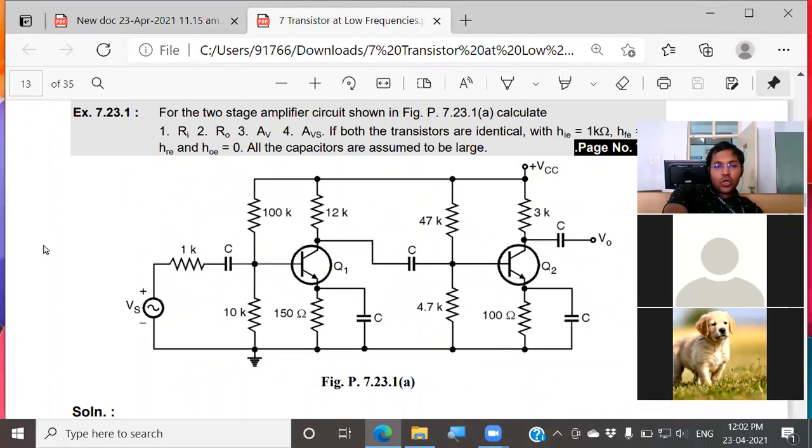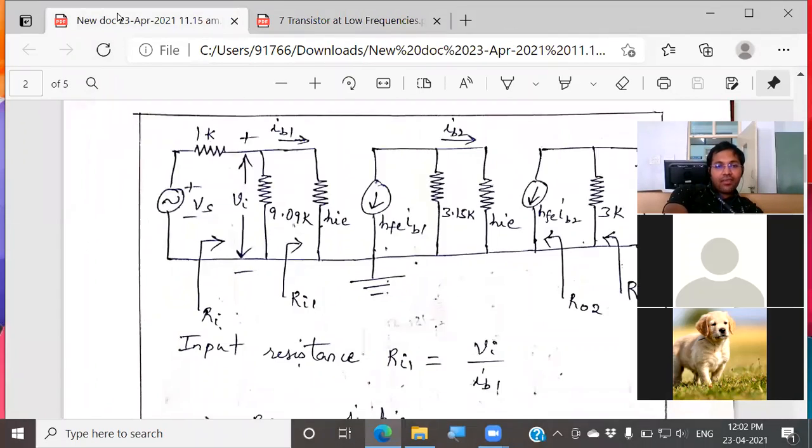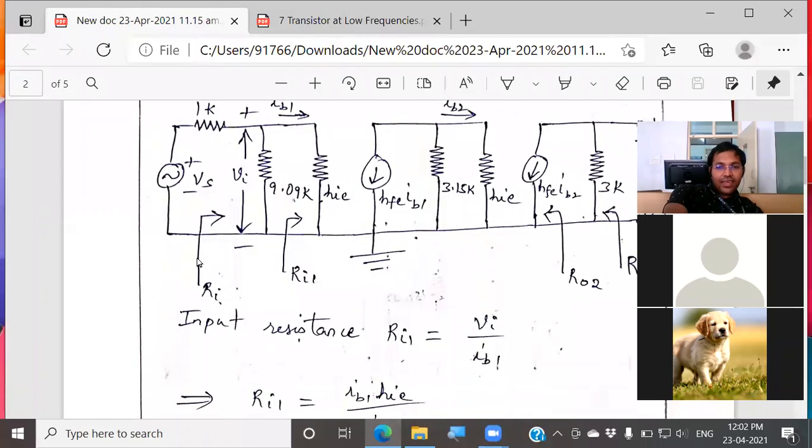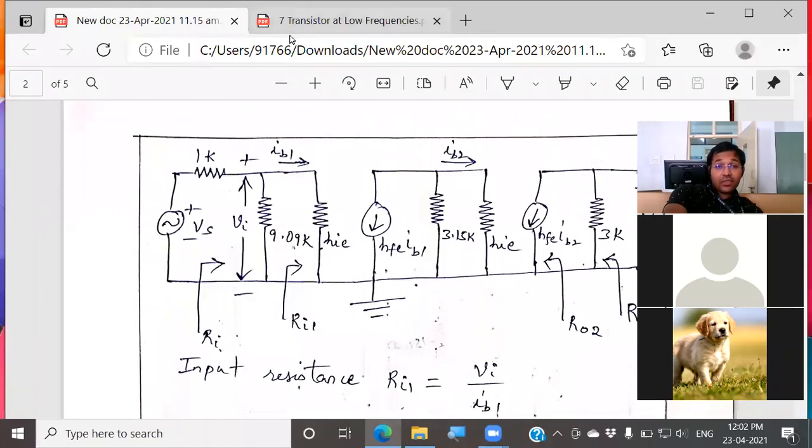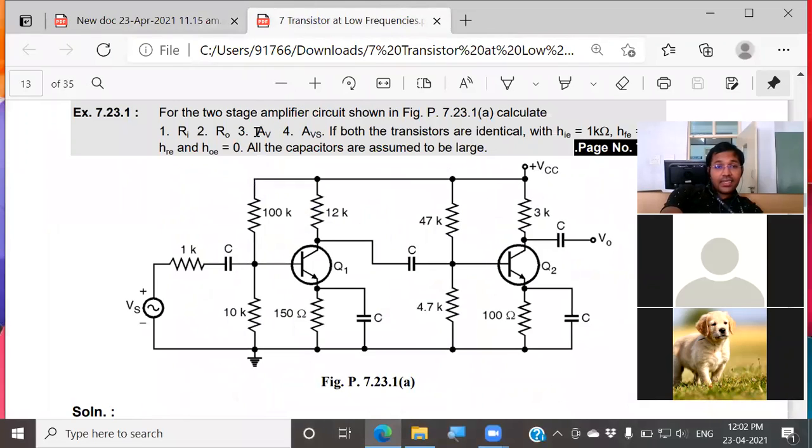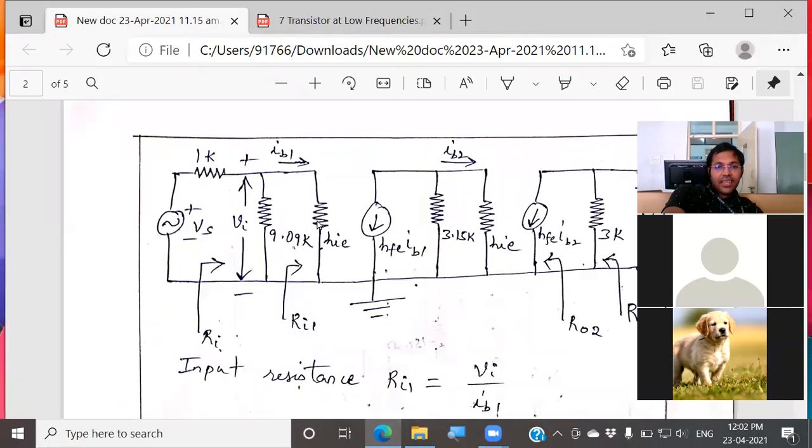So what will our AVS be? Sorry, AV. Let us go for AV. R0 I said we will do last. So next we have to find AV. What is AV? Voltage gain.